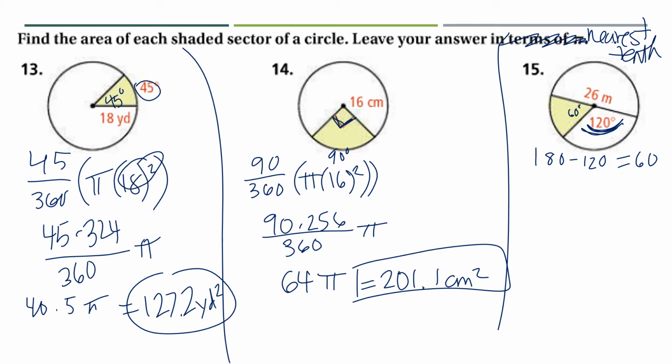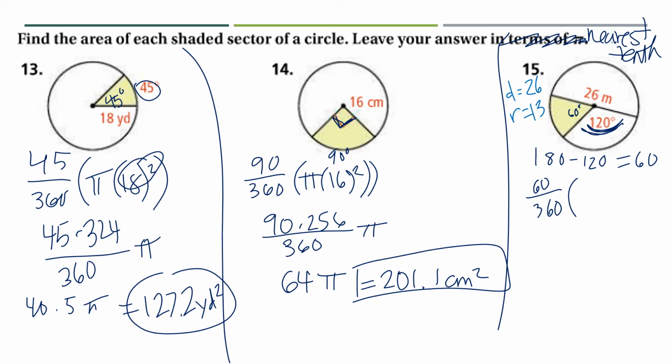So I have 60 degrees there, so I'm going to have 60 over 360 times pi r squared. We don't have our radius, we have a diameter, which is 26. Radius is half of that, so it's 13.